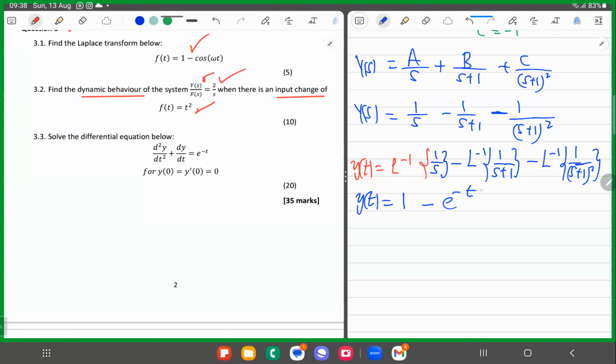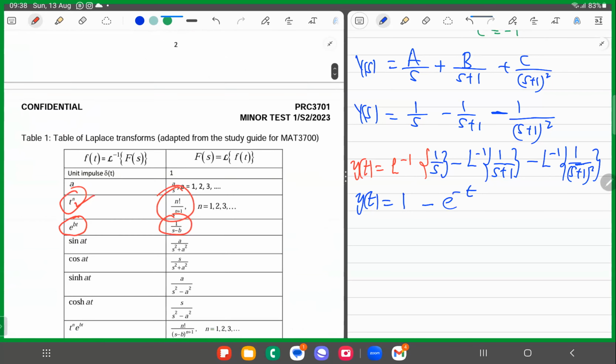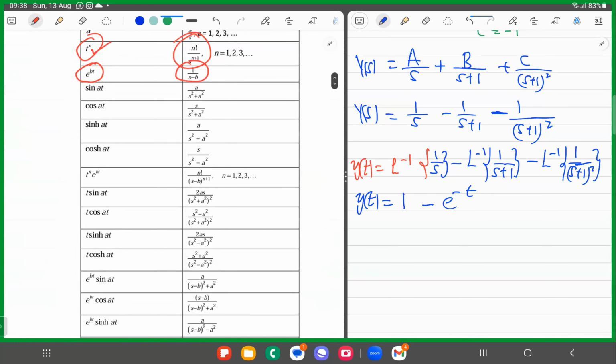And then this one of the square, if it is s plus 1 squared, it's like s into minus 1.